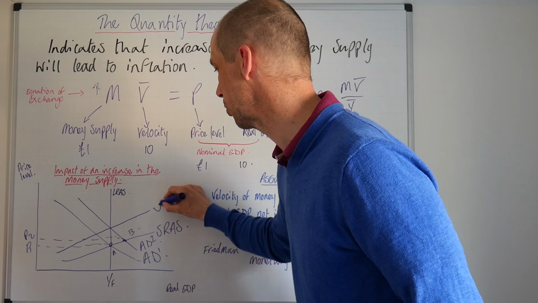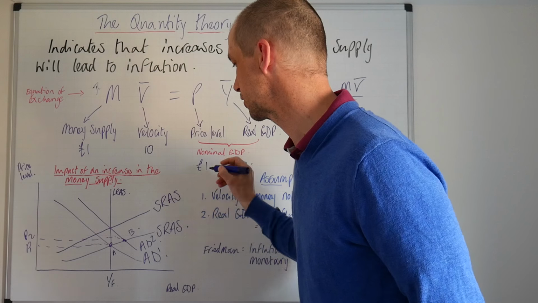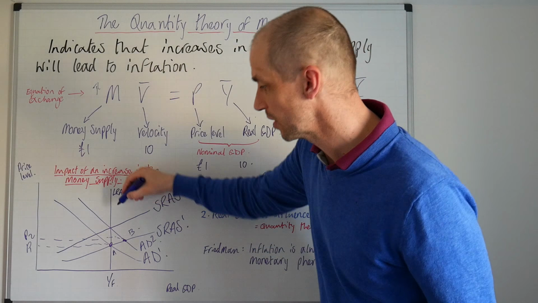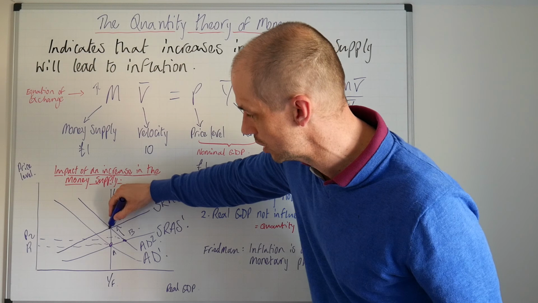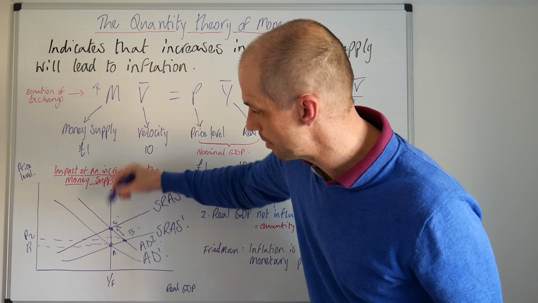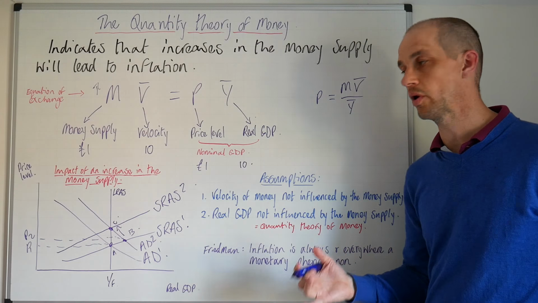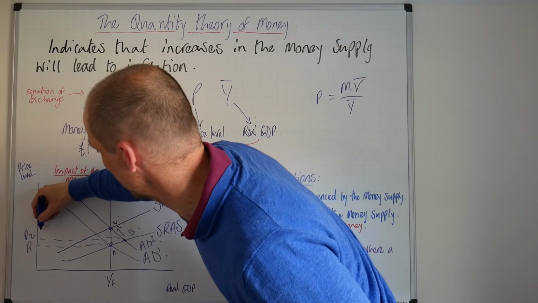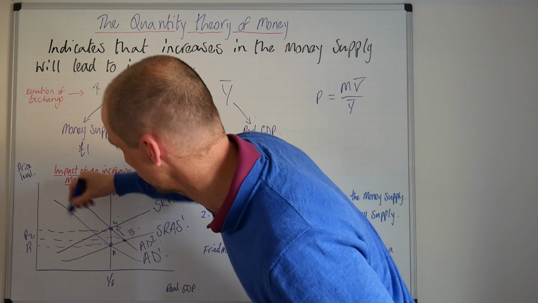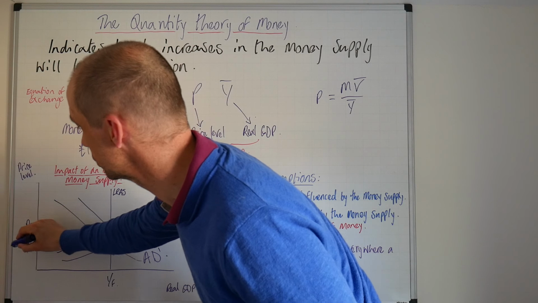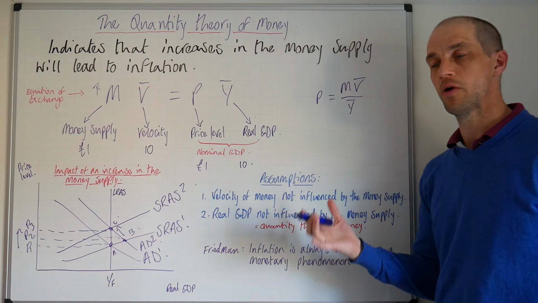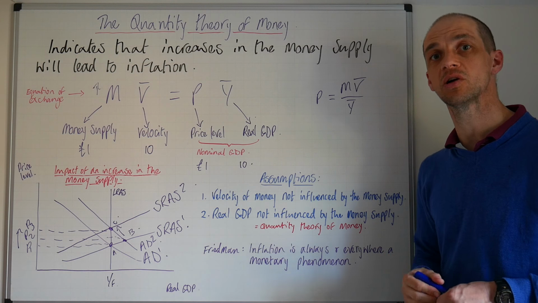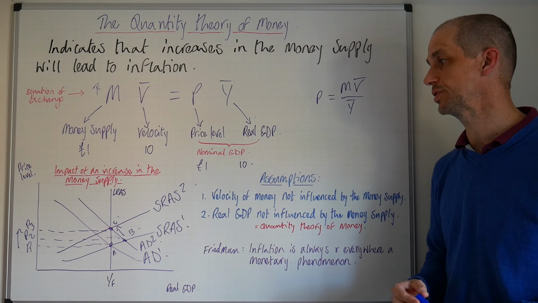As they demand higher wages, the short-run aggregate supply curve would shift back to the left, and the economy would then transition up and back onto the long-run aggregate supply curve to point C there. Okay, and we are restored at a higher price level because in addition to those higher prices, we also have workers who are demanding higher pay rates because of their adapted expectations.